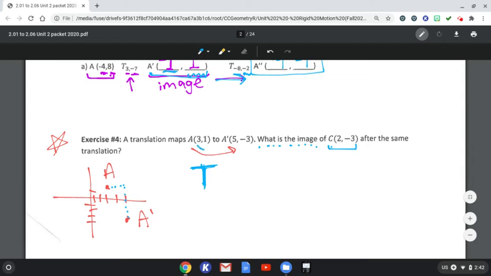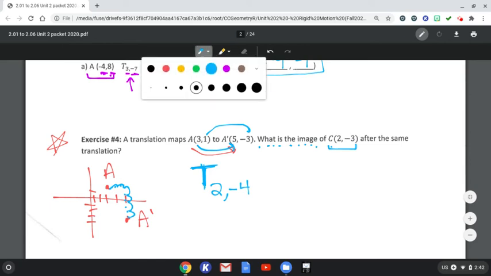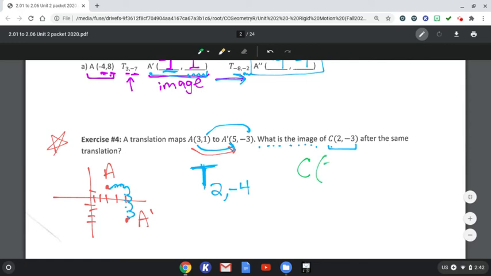So from the 3 to the 5, we added 2. We moved 2 boxes to the right. And from 1 to get down to -3, we went down 4 in the y direction. So now we're going to use that translation rule and apply it here to C. So if C's ordered pair is 2, -3, we're going to translate that 2, -4, and we'll find the ordered pair of C prime.